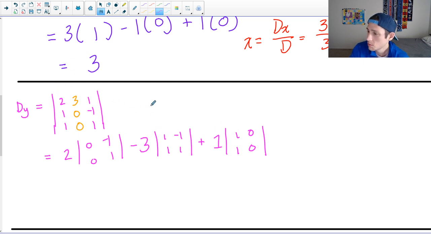Right, 2, 3, and 1 just come from these numbers across the top. Remember, the middle number changes sign because there's a minus sign here in the formula. And then what goes inside of these 2 by 2 determinants is whatever is left if you take out that column and that row; there should be 4 numbers left. Or if I move on to the 3, if I take out this column and this row, I'll have 1, negative 1, 1, and 1 left.